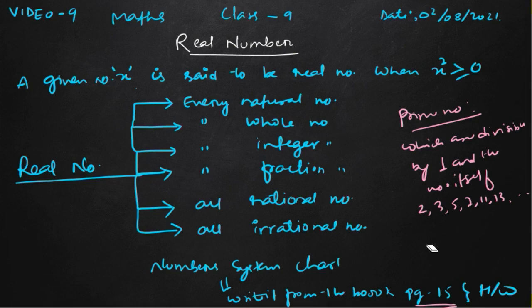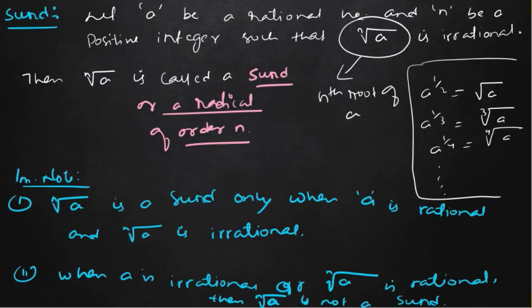Then we have our next topic, surds. What is a surd? Let a be a rational number and n a positive integer such that the nth root of a is irrational.